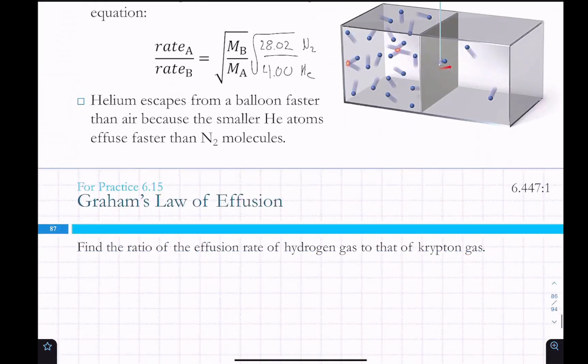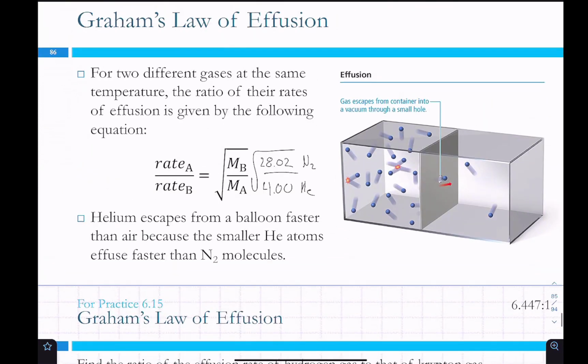Is that really what the next slide is? No, it's something else. So it's going to be 2.645 times slower than helium is. Oh no, it's inverse. That makes more sense actually. So mass of A, rate of A. So helium will effuse 2.65 times faster.